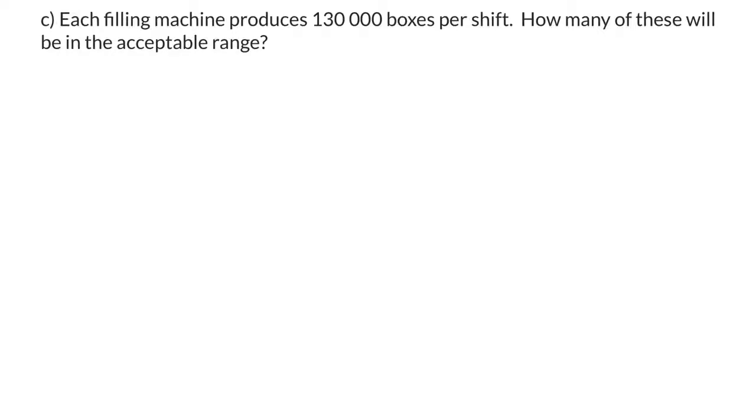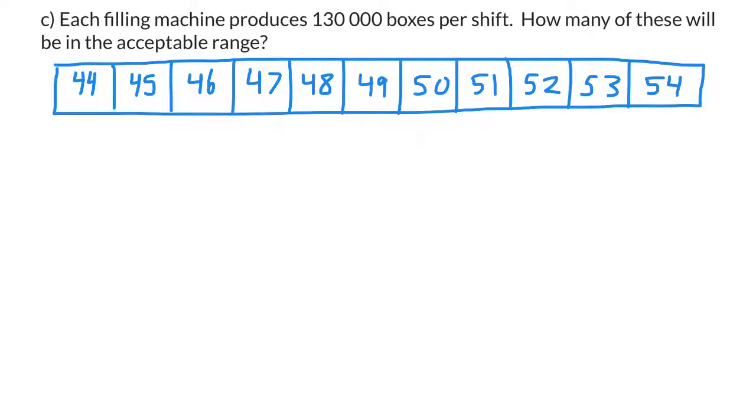Here's another question for the same situation. Each filling machine produces 130,000 boxes per shift. So how many of these will be in the acceptable range? So remember, the acceptable range for these boxes of chocolate is between 44 and 54 pieces of chocolate, including 44 and 54.